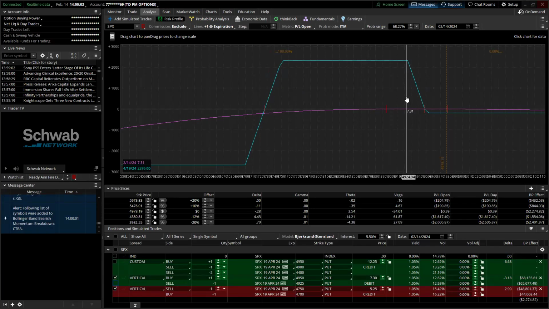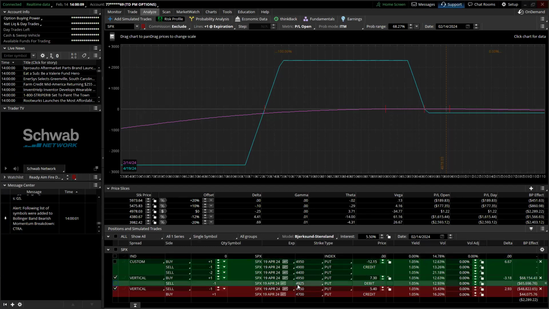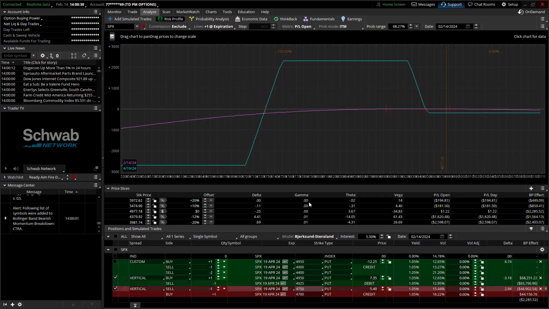Our bear trap here is from 49.25, which is where the short option of our put debit spread is, down to where our put credit spread starts, which is at about 47.50. So between 49.25 and 47.50, that's where the trap is.